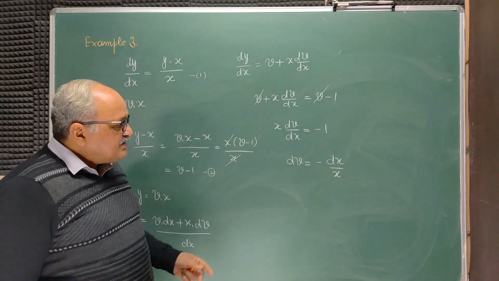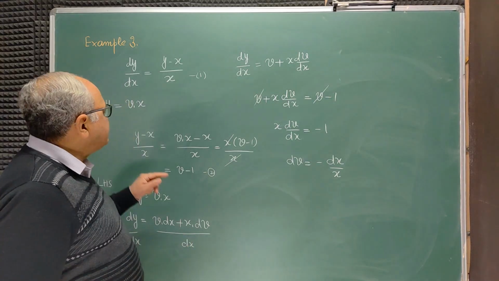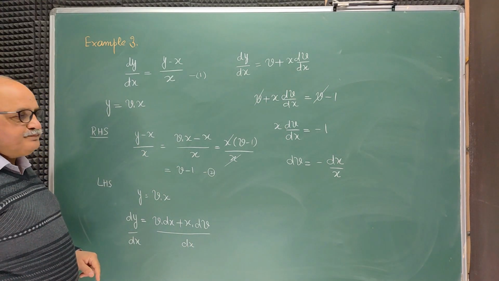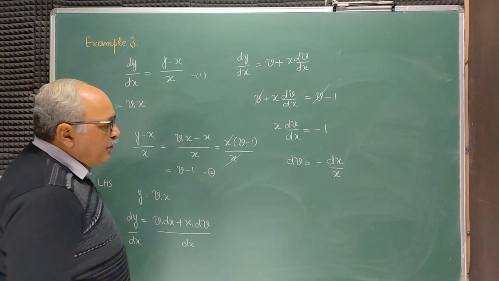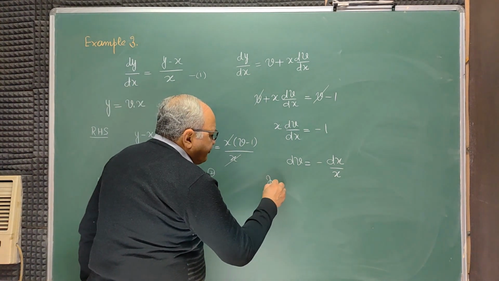You can notice here that I am able to separate out the variables, but for this I needed a substitution. Now this equation is fit for integration, so integrate both sides.